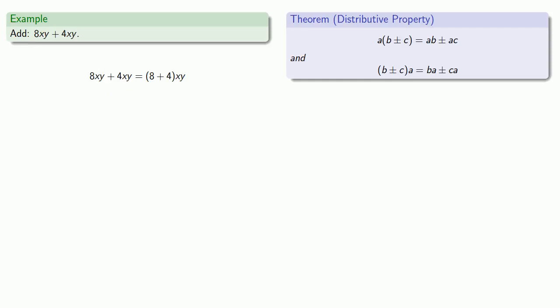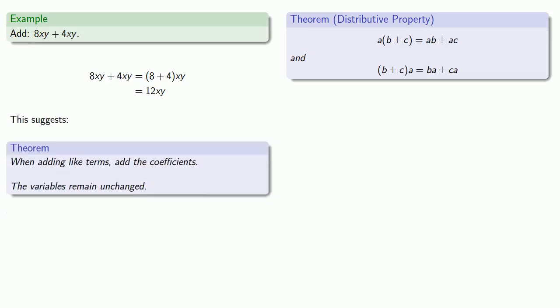But I know what 8 plus 4 is. That's going to be 12. And so when I add these two expressions, I get 12xy. And this suggests a very useful thing. When adding like terms, add the coefficients.